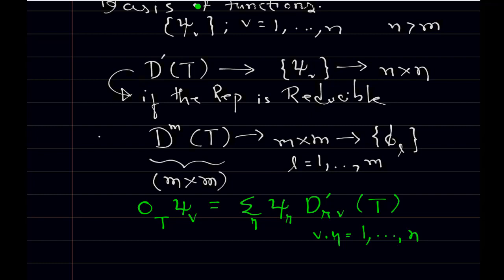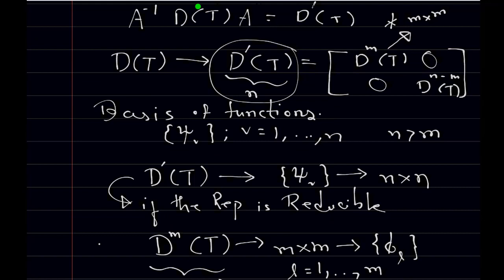And then if you say that Dn mu nu is reducible, that means you can always find another set of bases in which you can represent this.